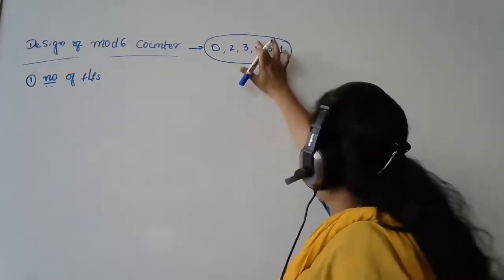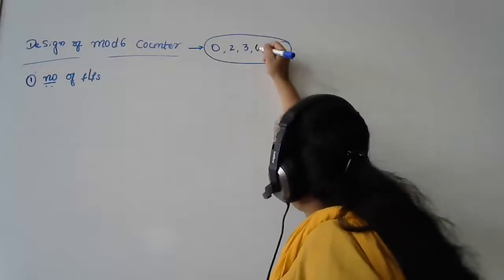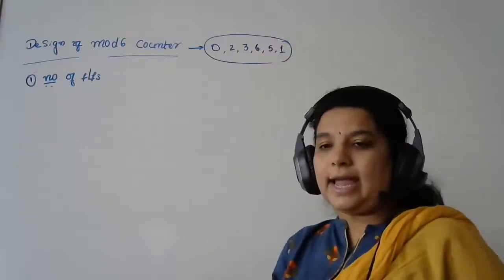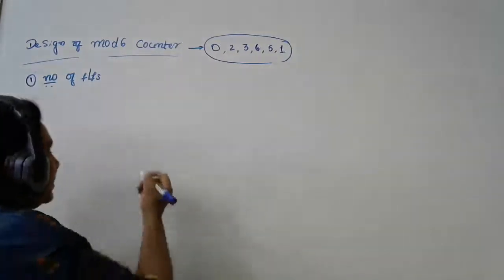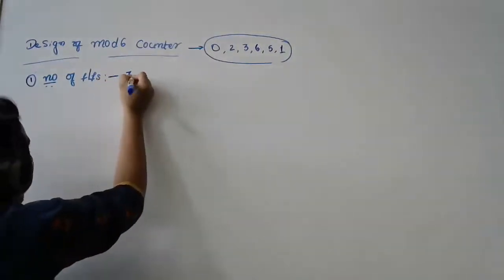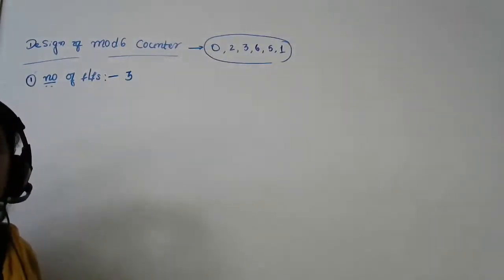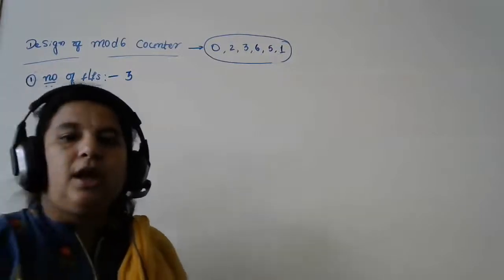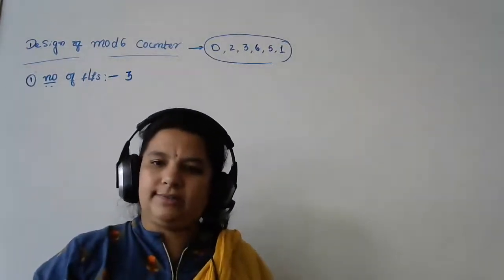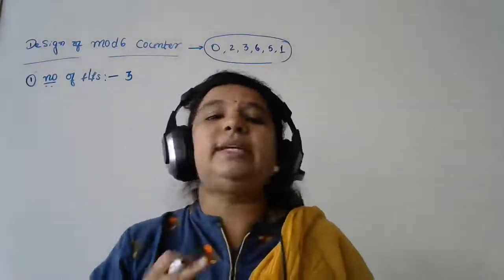So you have to look at the highest number you have in that sequence, then decide how many flip-flops are required. In this case, how many flip-flops are required for me? I require 3 flip-flops. Now, how do I connect it? Which type of flip-flop do I have to use? Whenever we talk about counter design, I can design a counter using any flip-flop.